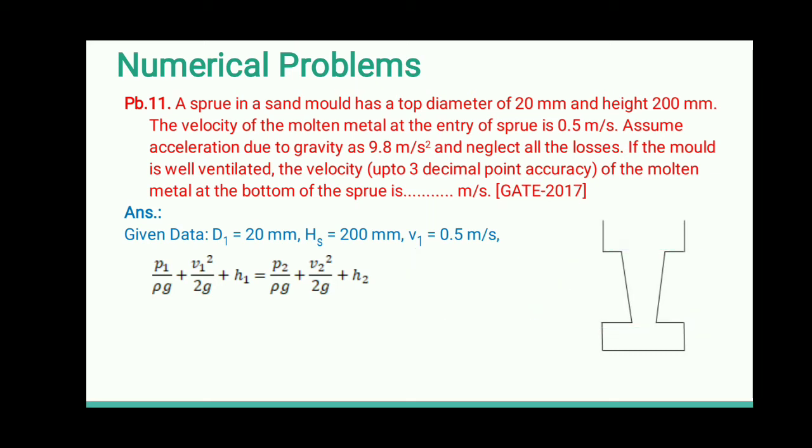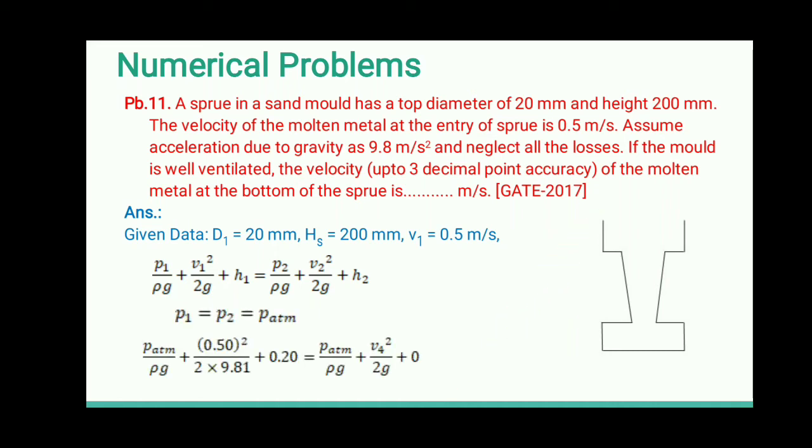Now we can calculate the velocity V2 from this equation. When you put P1 equal to P2, that is atmospheric pressure, and put these values into Bernoulli's equation, this will be P atmospheric by rho g plus 0.50 square by 2g, that is 9.81, plus 200 mm. This is the total height, so we convert it into meter, that is 0.20, equal to P atmospheric by rho g plus V2 square by 2g plus 0. The elevation itself is 0, because we are considering the datum level.